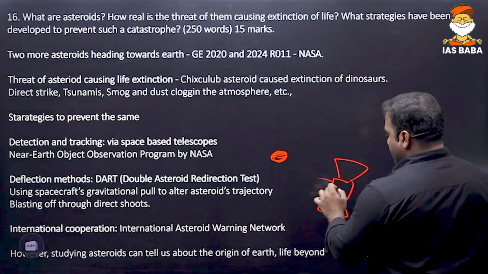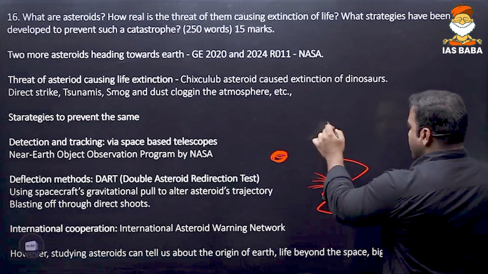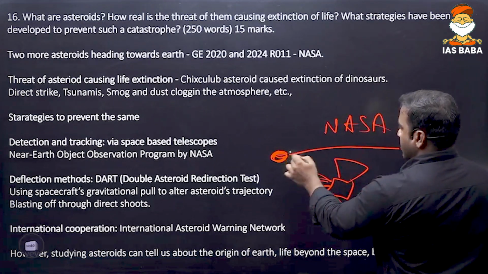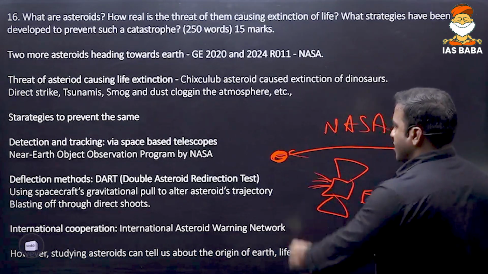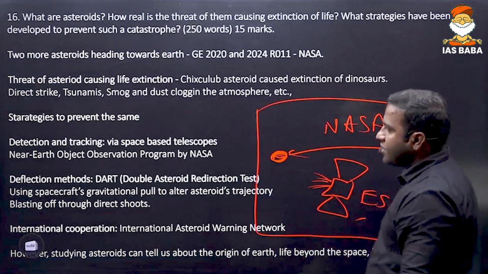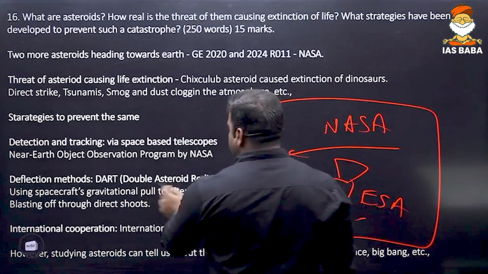I will keep tracking. So ESA will track this, and NASA will hit it with a rocket or a satellite. Track and hit it. ESA will say, yes, I'm watching, now hit it, it's coming. So, Double Asteroid Redirection Test.